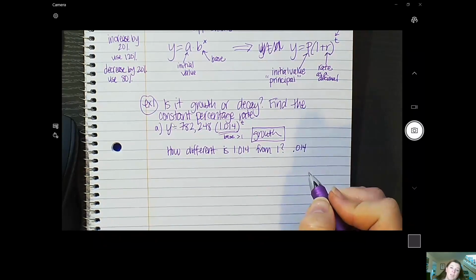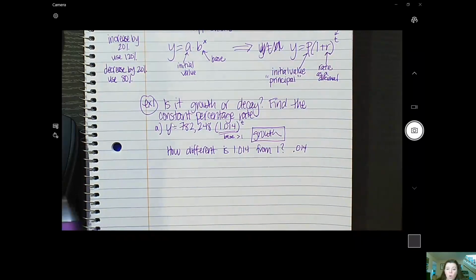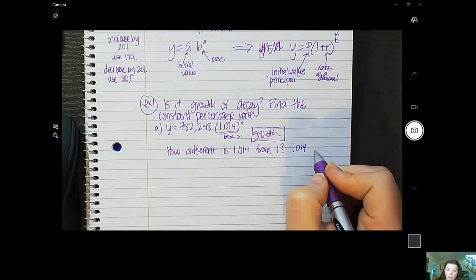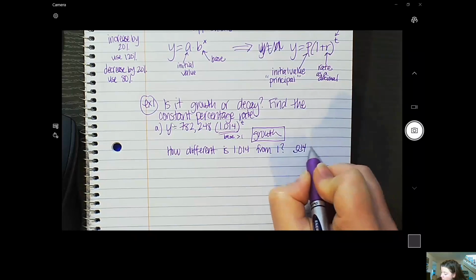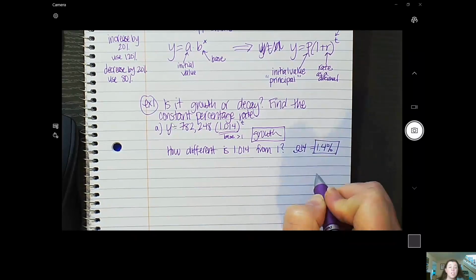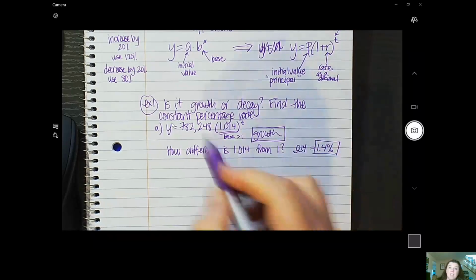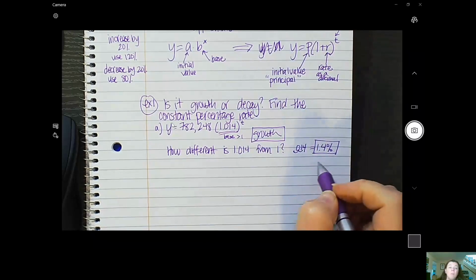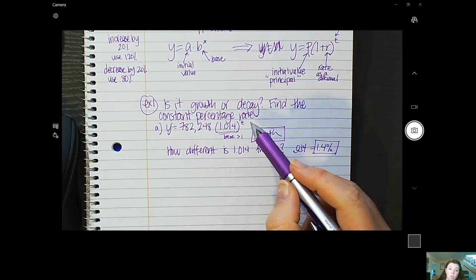But that's the decimal version, because in the formula, when we actually do math, we use decimals. But they asked for the percentage rate. So what is 0.014 as a percentage? You just need to move the decimal over 2 places. So that equals 1.4%. If I were asking you to build this model instead of dissect the model, I would say the population is increasing by 1.4%. And then you would be able to put it as 1.014.